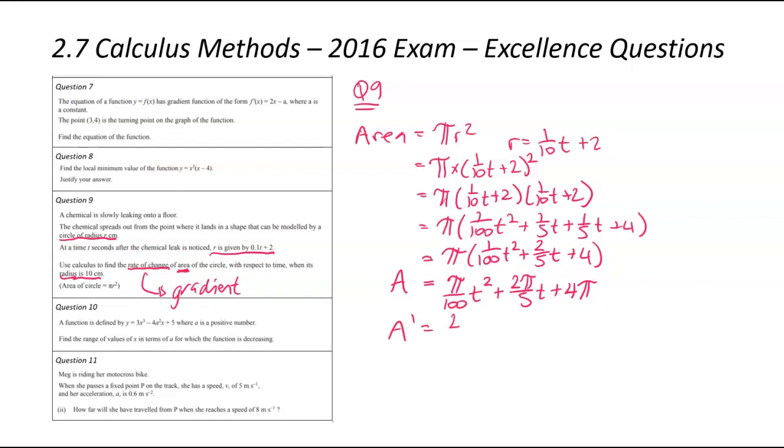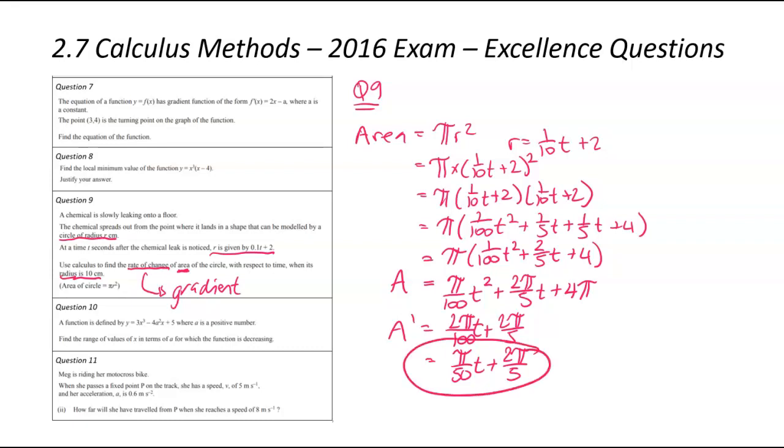And that is going to be equal to 2 pi over 100 times t plus 2 pi over 5. And I can simplify that first one to be pi over 50. So that's pi over 50 times t plus 2 pi over 5. So that is our gradient function.